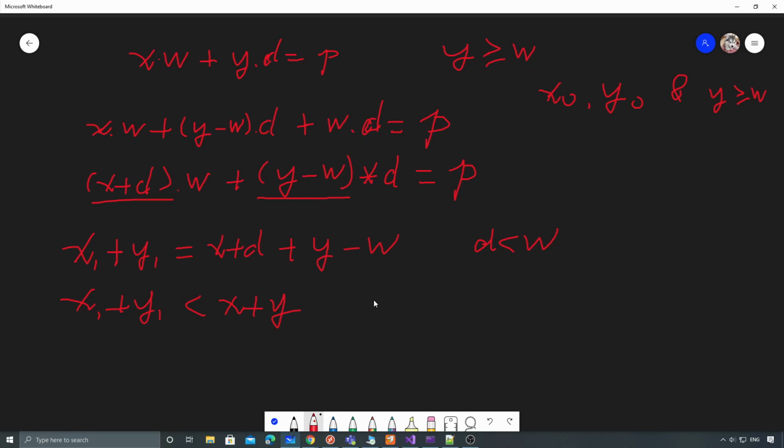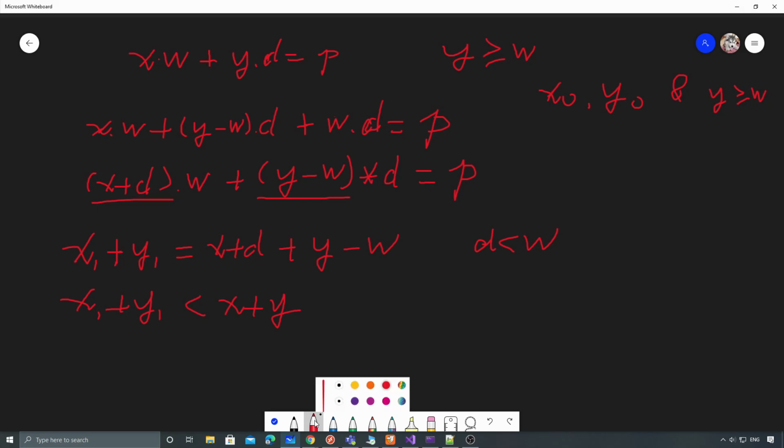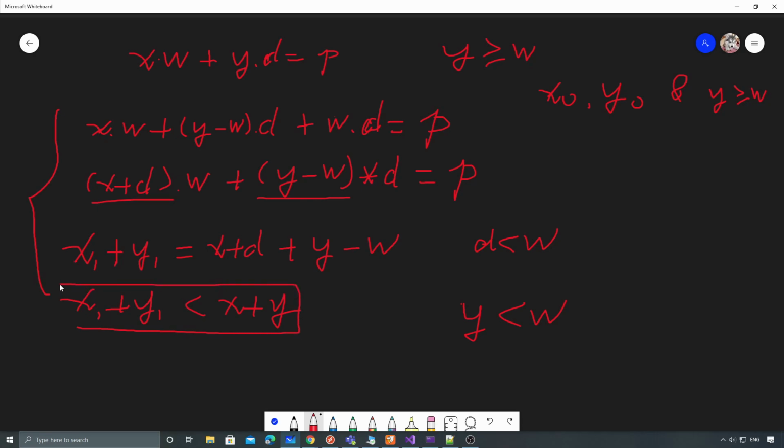So this means that if there's an answer for x and y, we can assume y is always smaller than w, because like I said, we can always transform this formula into this one, which means that we can always find a better answer as long as y is greater than w.